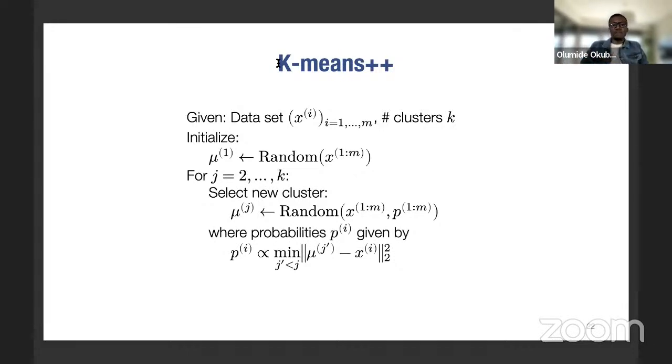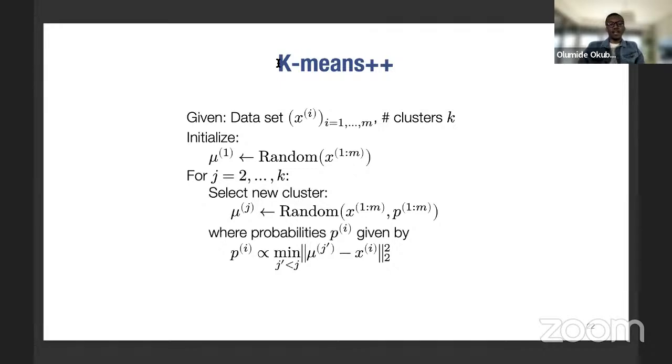So here, the first one is random. Everybody has a chance to be picked. So you pick the first one. But in the second one, everyone has a chance to be picked given a probability, and we know that the ones that have the higher probability get a higher chance of being picked. So how do we give this probability?